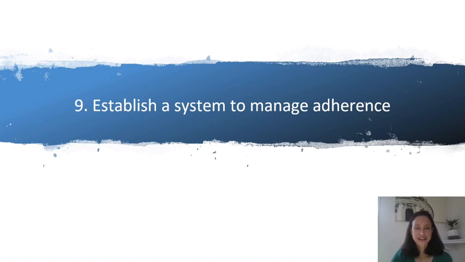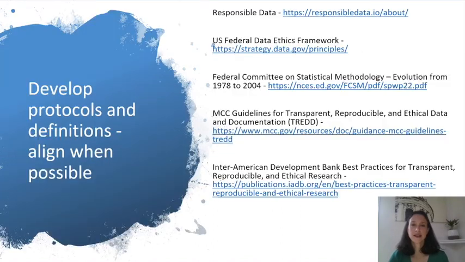Point number 9, establish a system to manage adherence to your ethical code, your legal requirements, whatever guidance you as an agency or even just as an individual have put in place to ensure responsible transparency.